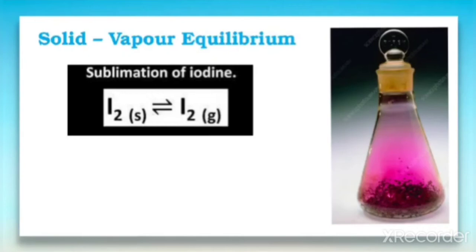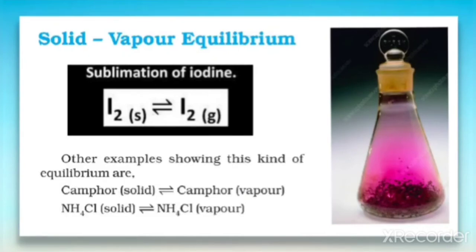Other examples showing this kind of equilibrium are camphor solid into camphor vapors, and ammonium chloride solid into ammonium chloride vapors. In these cases, the solid phase is converted into the vapor phase directly. That process is called sublimation. So this is the equilibrium between solid and vapor.